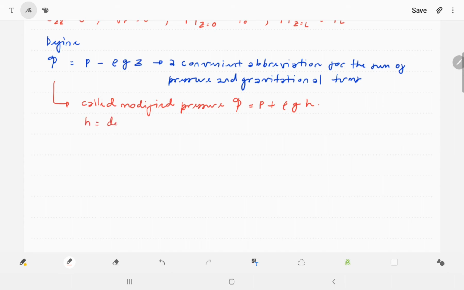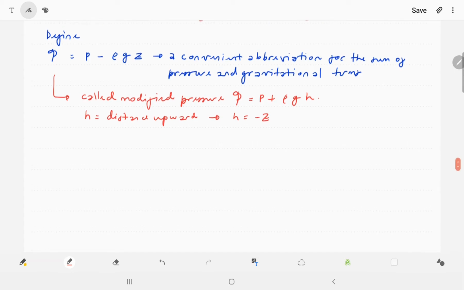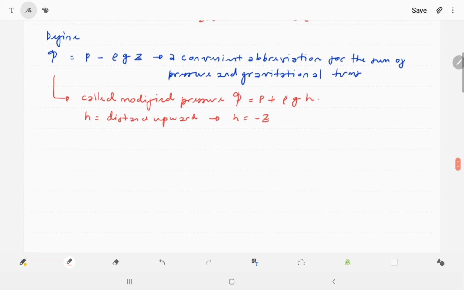H in here is the distance upward. Okay, so in this problem, H is equal to minus Z. You can connect this with a particular concept: imagine that you have these things in here, right?